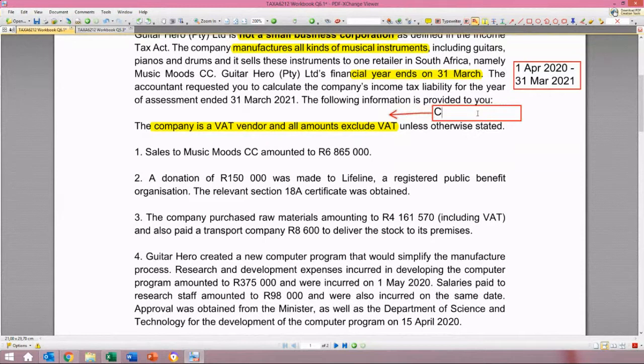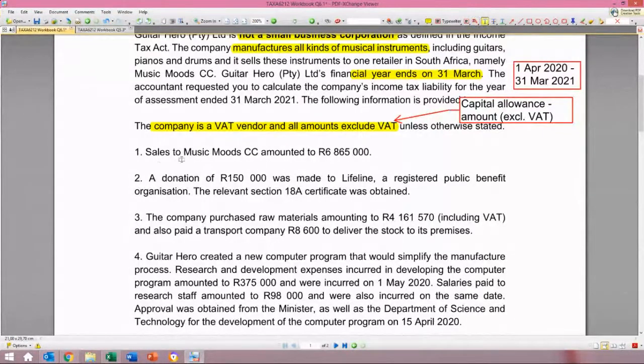We said for your capital allowances, the amount must be exclusive of VAT. So you need to specifically look out for the ones where they say otherwise. You can assume all the amounts are excluding VAT unless they specifically tell you it's VAT, then you need to do something with that information.